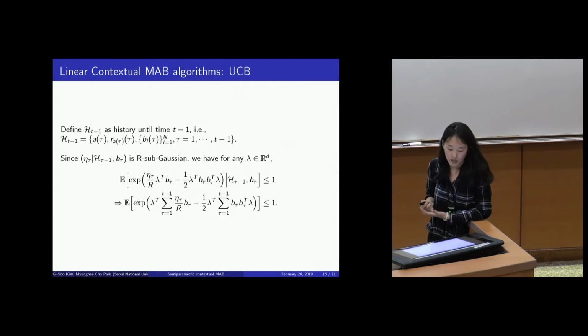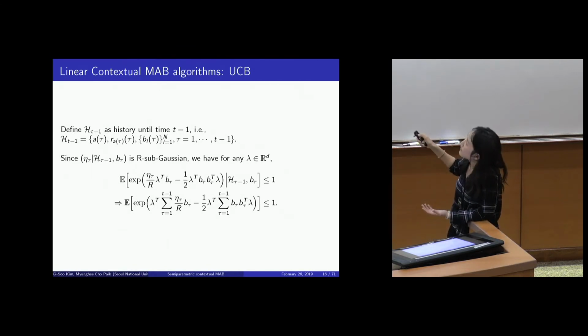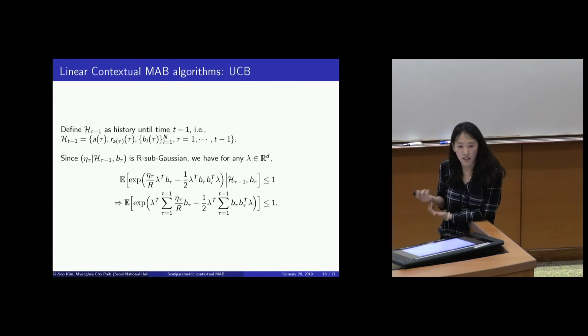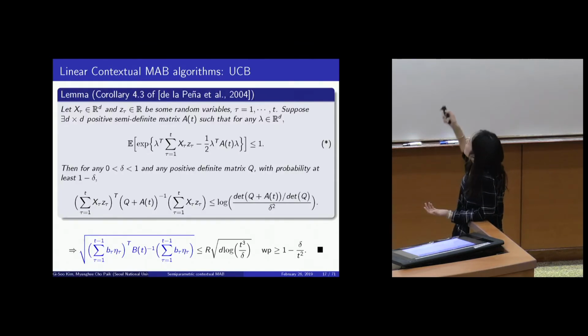So they use this fact, and therefore the etas, although they are not independent, are martingale difference sequences. And using that fact, they use a corollary of the Laplace method and easily derive the bound of the blue term.